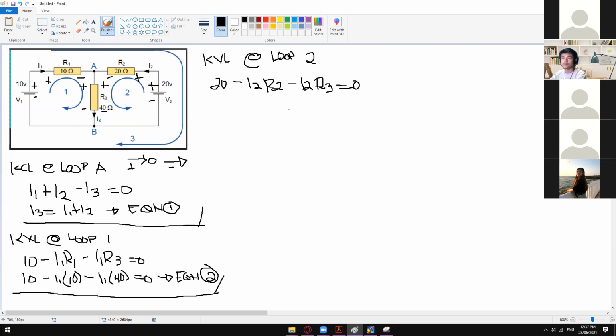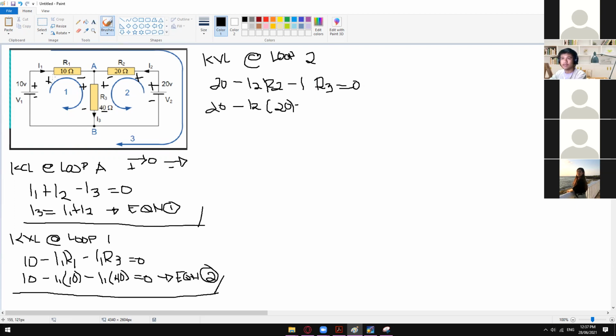So after that, you can now substitute the given values of your R2 and R3. So 20 minus I2 times 20 minus I2. Oops, my bad. This is not I2. This is I3, because we have the I3 right here.